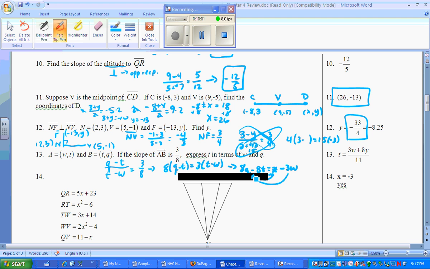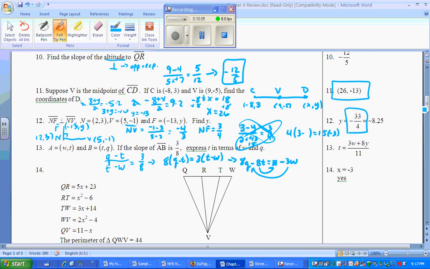Bring the W over this way, and we get 8q plus 3w equals 11t. We want to solve for t, so we'll divide by 11, and this is your answer for t. 8q plus 3w over 11.